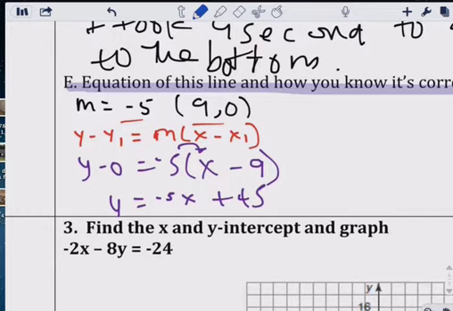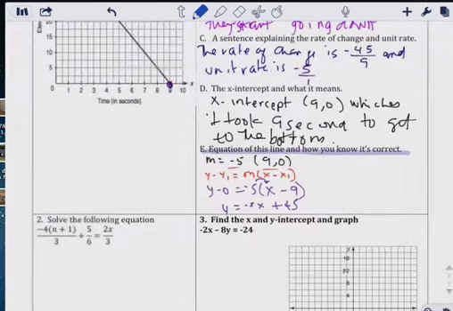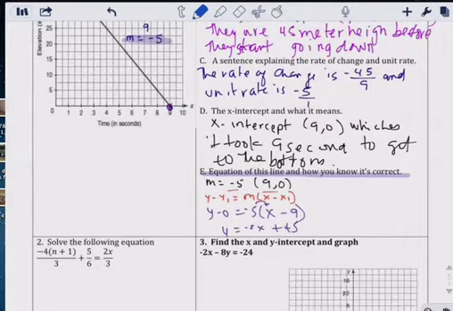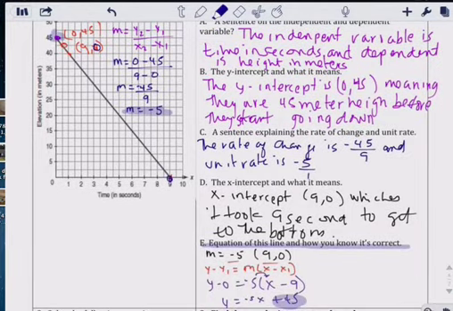Okay. How do you know it's correct? The y-intercept is 45, and the graph shows that the y-intercept is at 45.